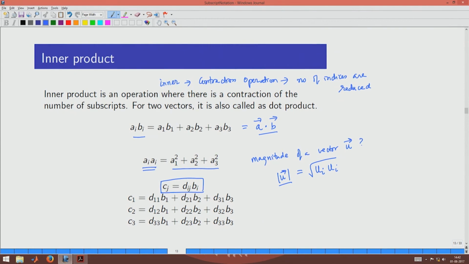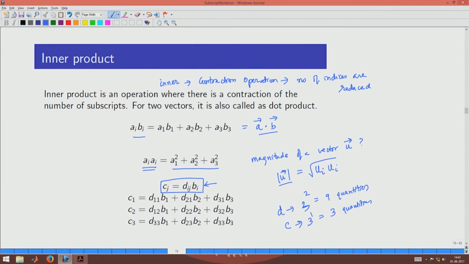You could see that on the right hand side d is a bunch of 3 raised to power of 2, that is basically 9 components, and on the left hand side c is a vector. So, there are 3 quantities. So, a quantity that has 9 components is being used to generate a quantity that has 3 components using this expression, and in this process one index is lost and that has been contracted.